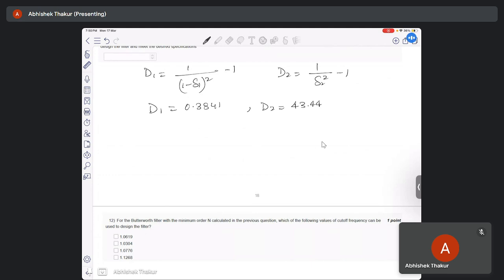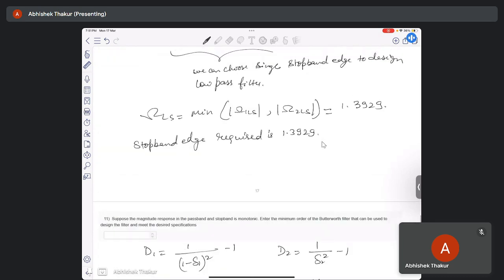Okay. So the n is greater than log of D2 by D1 divided by log of omega ls by omega lp. So when you substitute this value, we already have omega ls and omega lp.